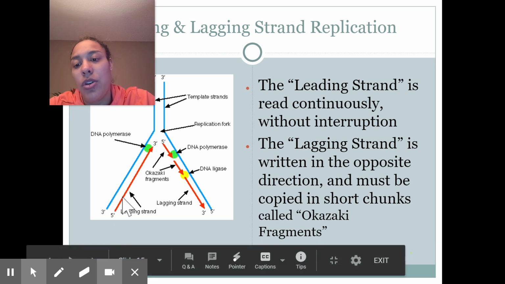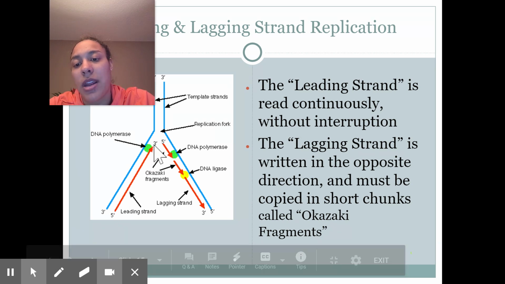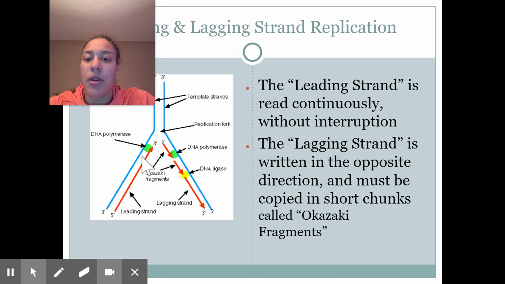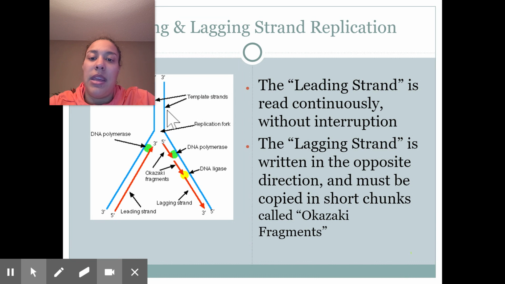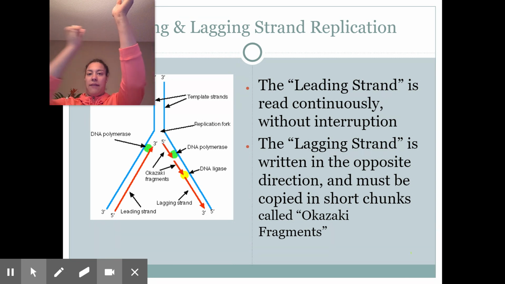That's going to create a new complementary strand in one swoop, uninterrupted by DNA polymerase 3, whereas the lagging strand goes in little chunks. So the lagging strand is going to have multiple primers attached to it.